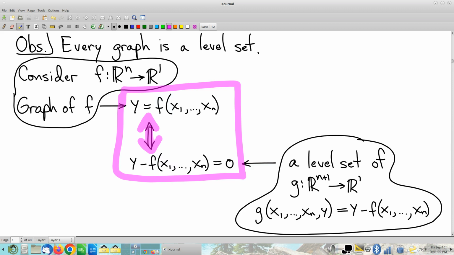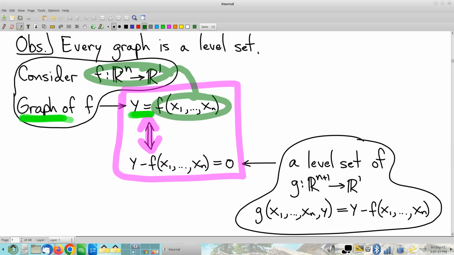As follows: the top equation is a graph. y equals a function of other variables. I've taken a function and said its output value is equal to a new variable y. This is literally a graph, the graph of this function right there called f.